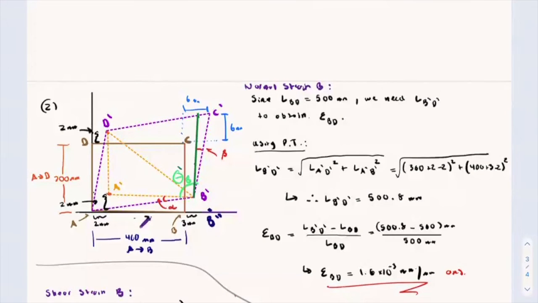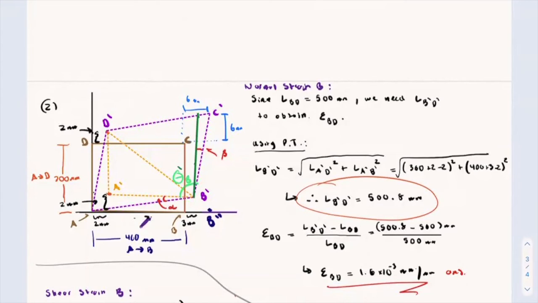Using all these lengths, we can now use the Pythagorean theorem to find the length of B prime D prime. If we look at the calculation, 300 plus 2 minus 2 squared plus 400 plus 3 minus 2 squared, square root all of that, and we get 500.8 millimeters.